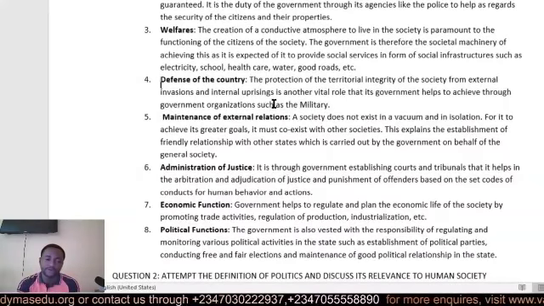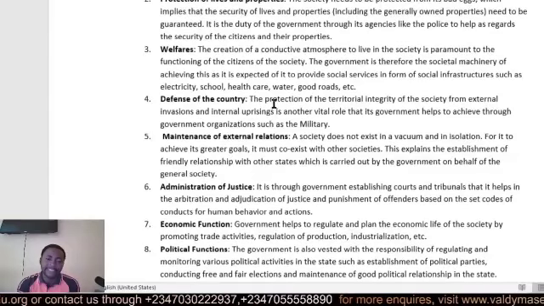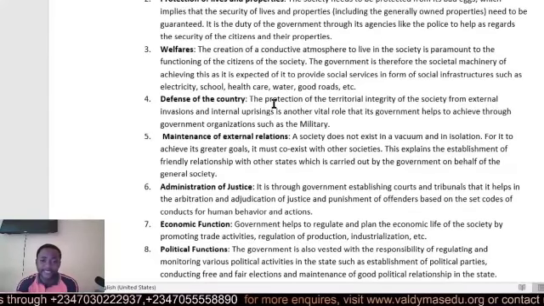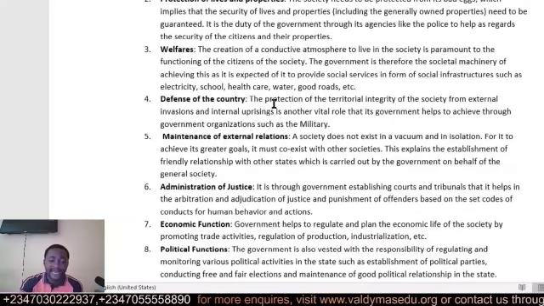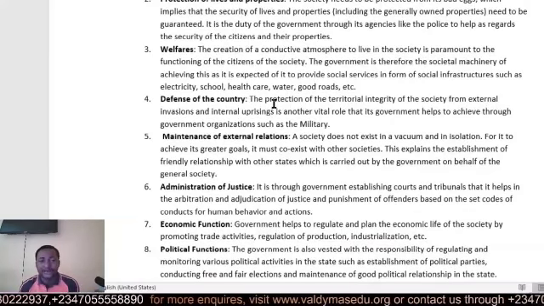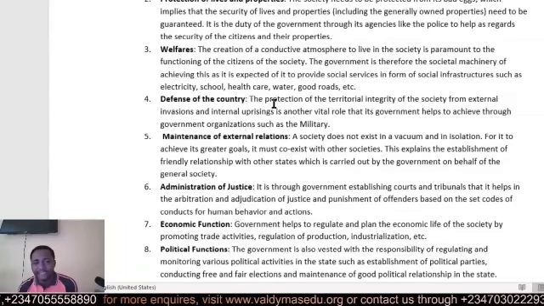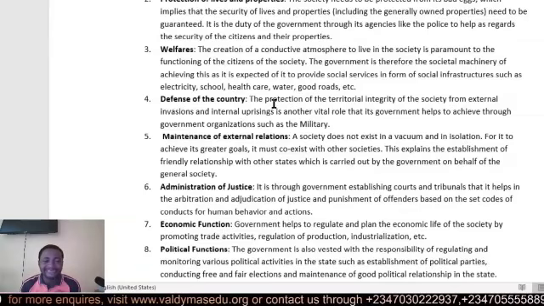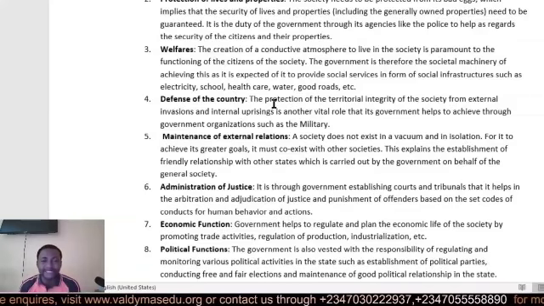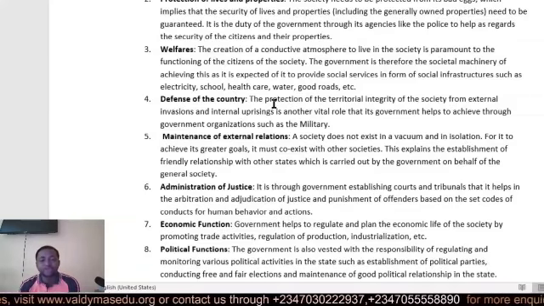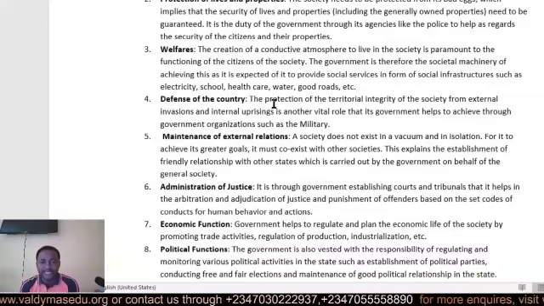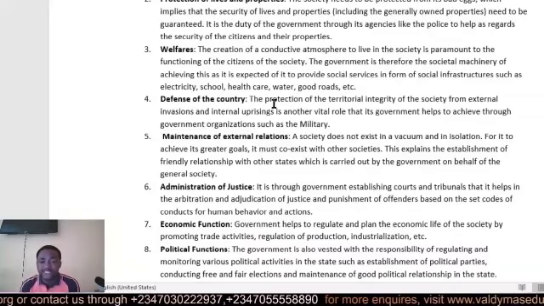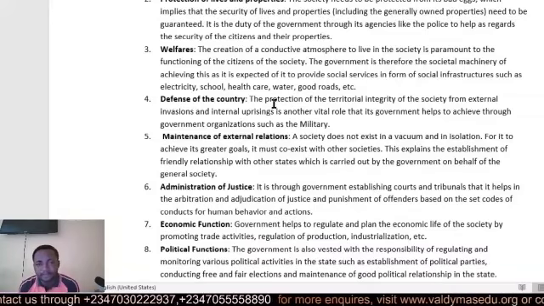Another very important role, and why government is necessary in a society, is the defense of the country. We have different societies, different states, different nations, and a lot of the time there are conflicts among different states. There is always a general need that states should be protected in terms of territorial protection, which we call territorial integrity.